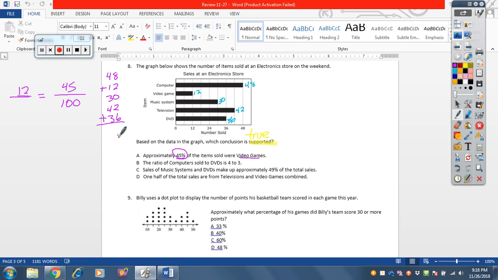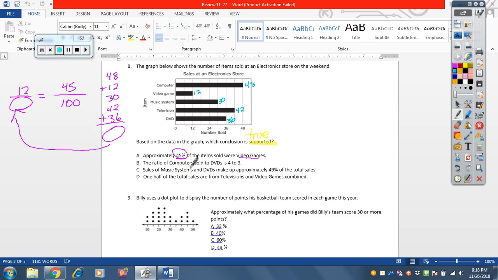So take some time to add those up. This answer goes here. If you find the cross products and they are equal, your answer for A is true. If they are not equal, A is false.